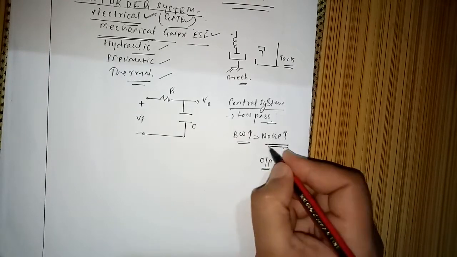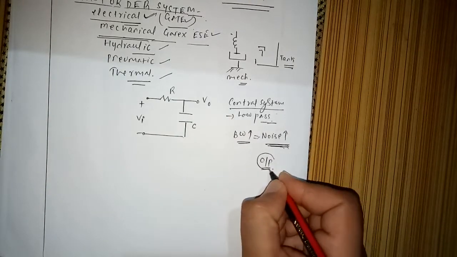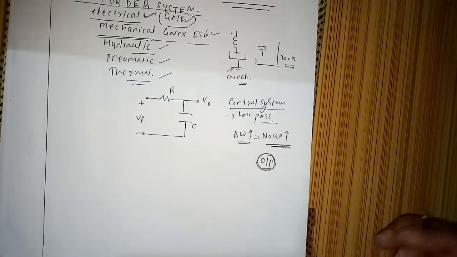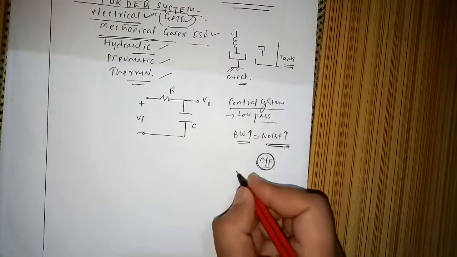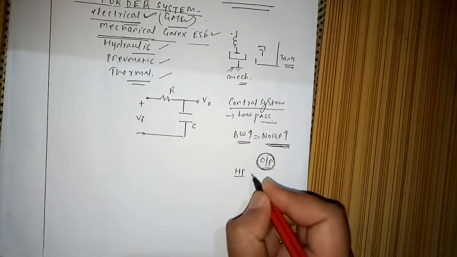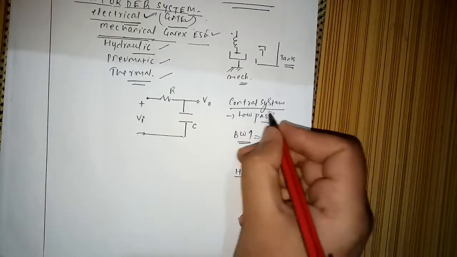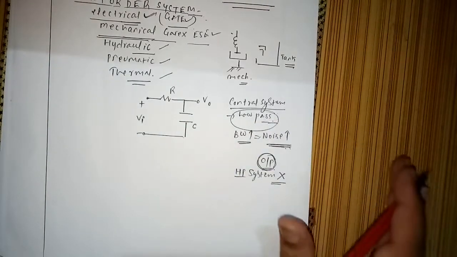But if noise is increased, the required output may not be obtained. That's why we don't use a high pass filter or high pass system in control systems. We generally use low pass systems only, right?